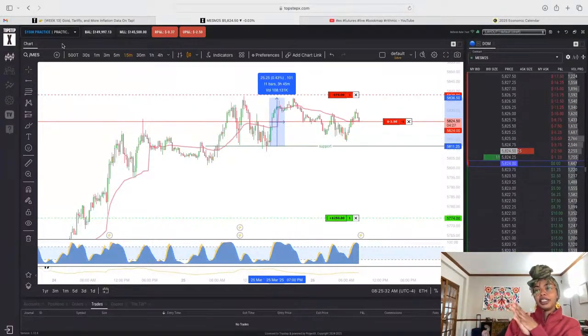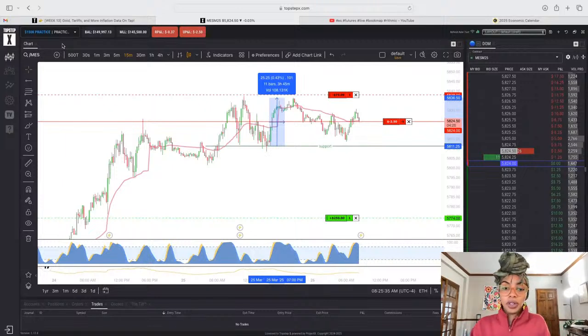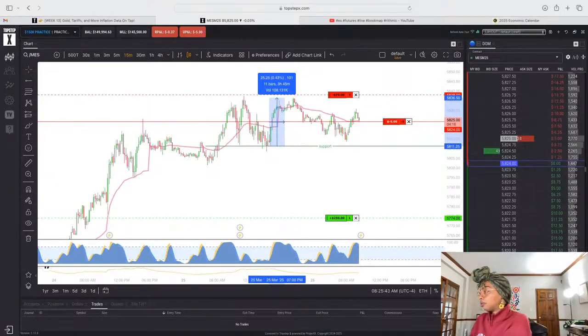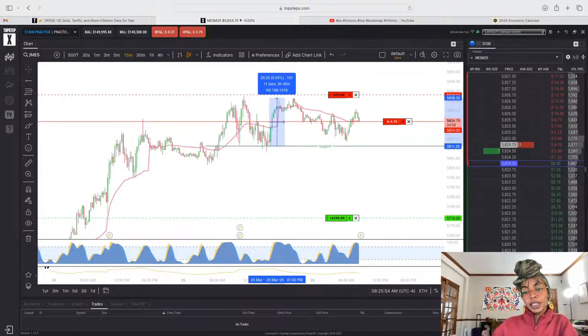Don't think of it as if you have 150K worth of wiggle room here. Remember that you can only lose a certain amount in your 150K practice account. So with that drawdown, you want to be able to keep this account for as long as you can.